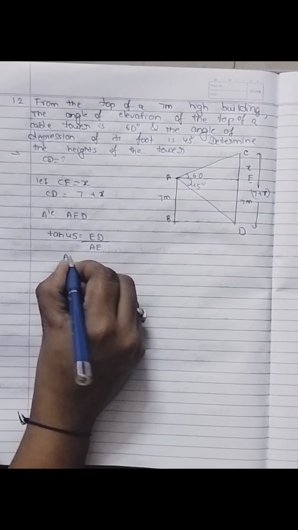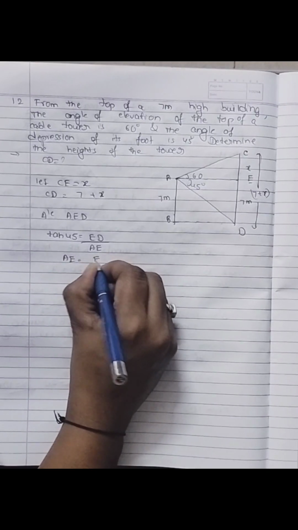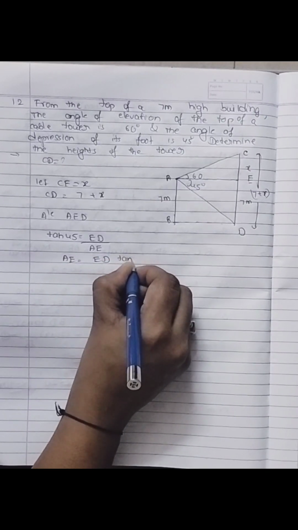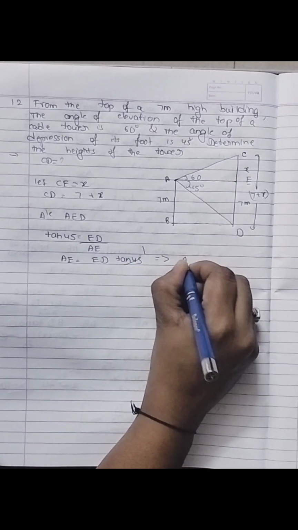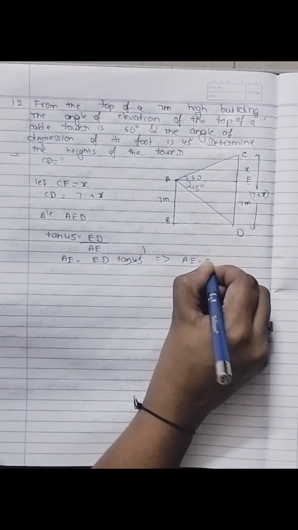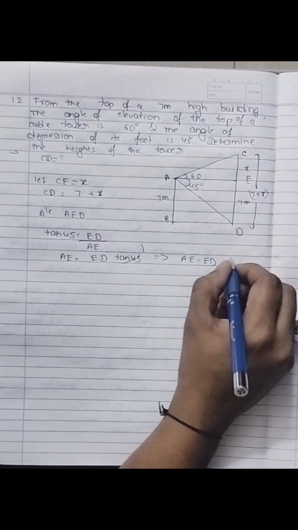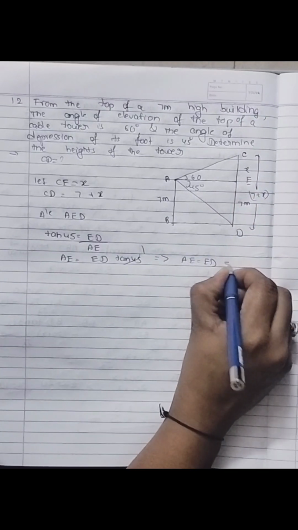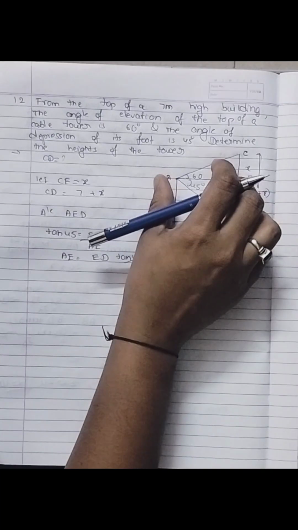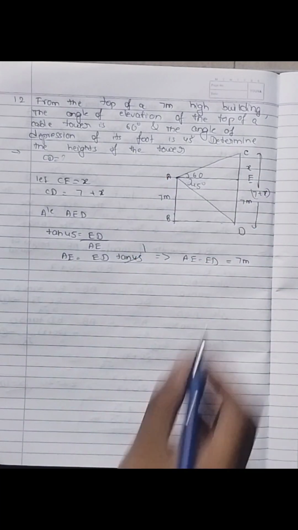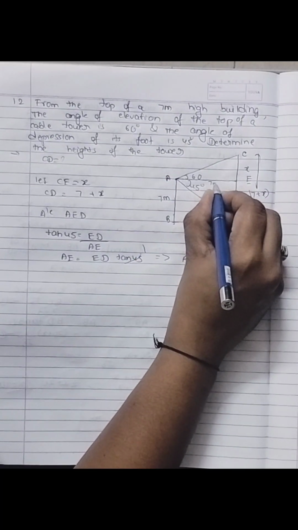So AE is equal to ED tan 45. So tan 45 value is 1, which implies AE equal to ED. What's the value of ED? Sorry, ED is 7 meter. It is given in the question. So AE will also become 7 meter. So we'll write in the diagram 7 meter.